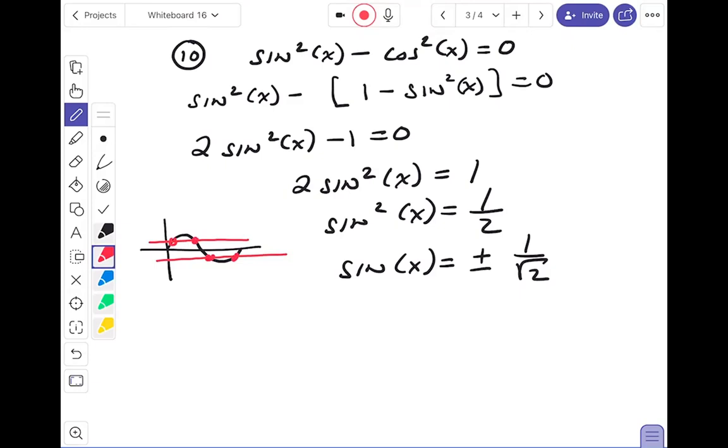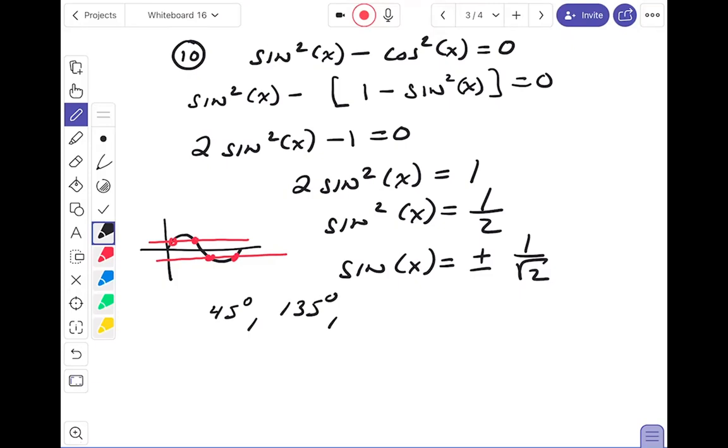Question is, what's the reference? The reference has to be 45 degrees. Look at it. It's 1 over root 2. So I'll write these down for you. Just looking at that interval, 45 degrees would be that first one. The next one's between 90 and 180 with a reference of 45. So 180 back off 45, where would you be? 135 degrees.